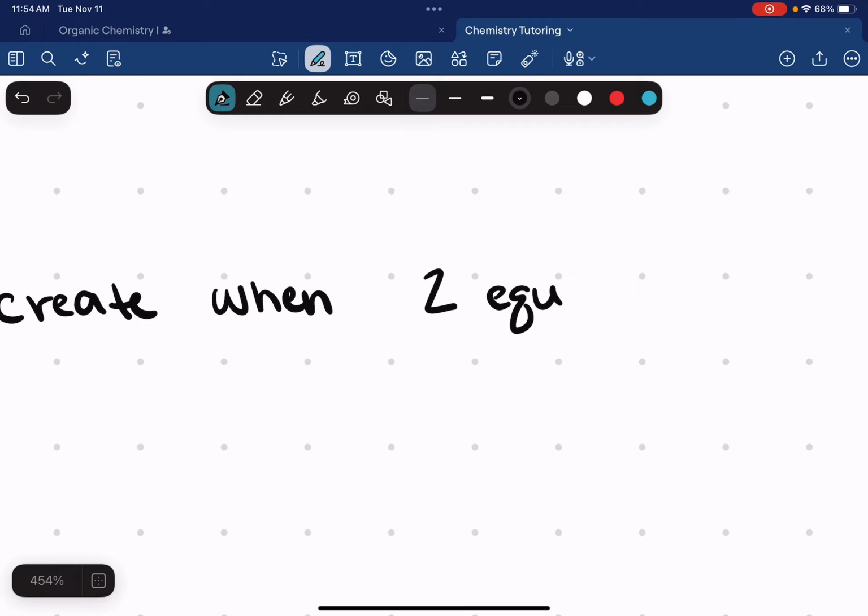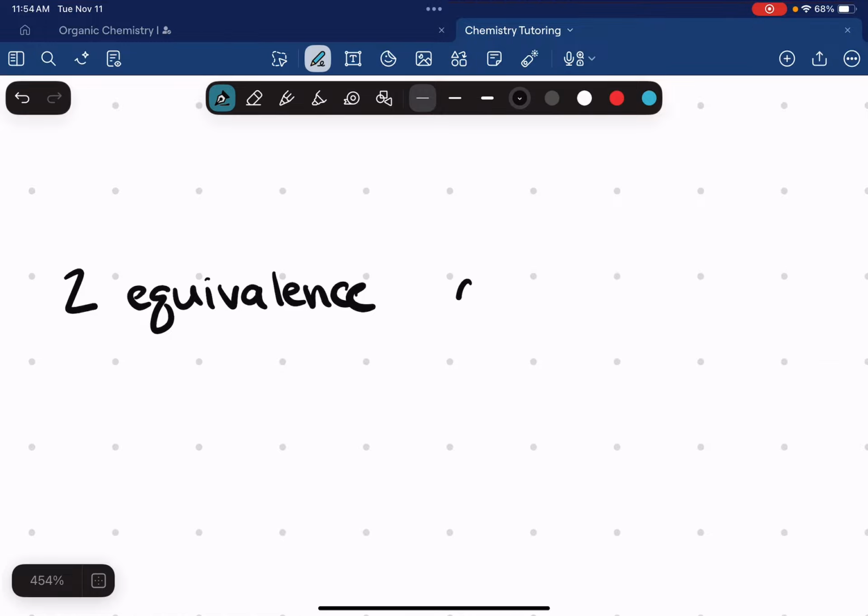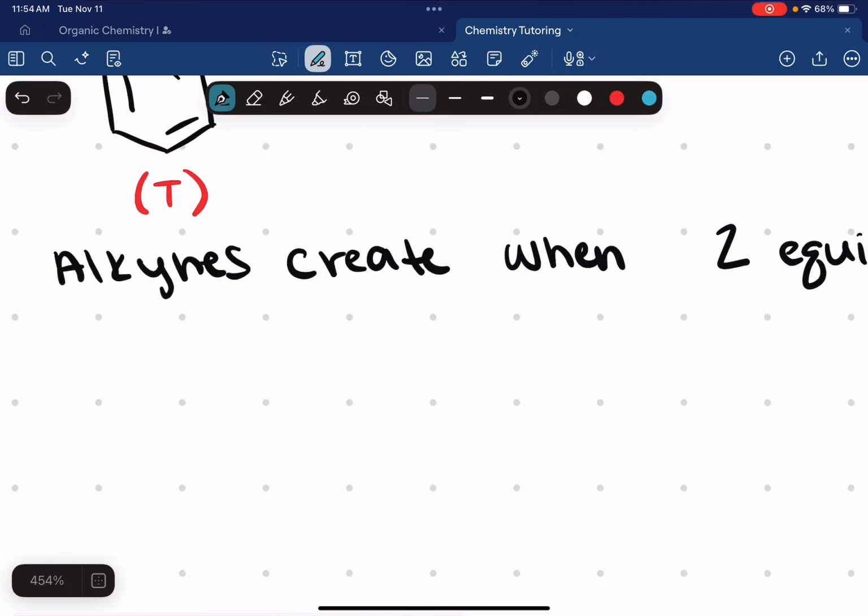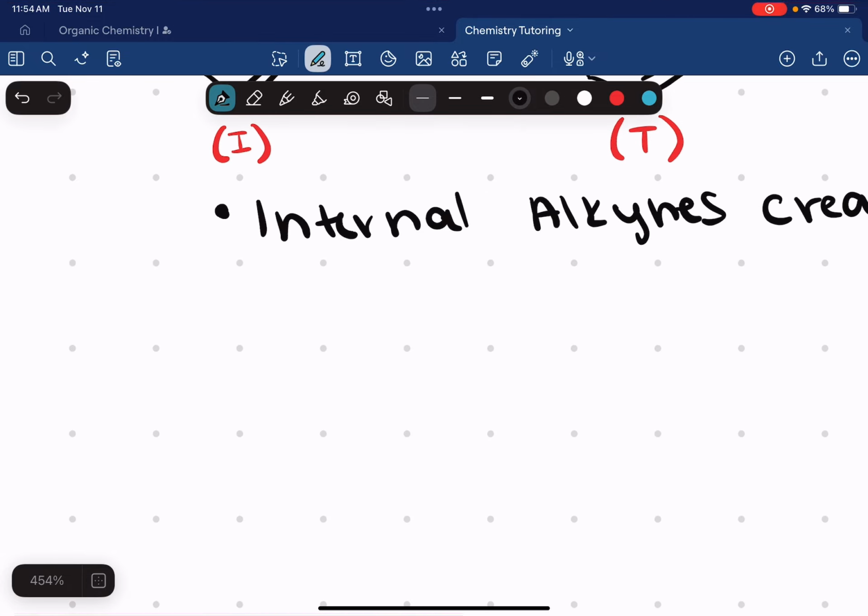Two equivalents of base. So it'll be like you'll have bromine, bromine.